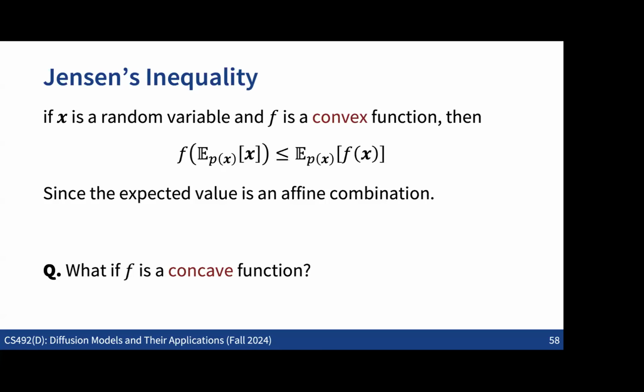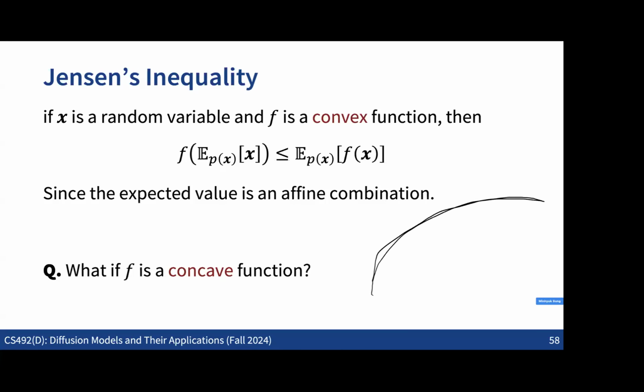And what happens for the concave function? You can now guess the meaning of the concave function, right? Convex was the case where we have a convex shape like this, and any interpolation of the function becomes greater than the function value. Concave is the opposite. Now we have the shape like this.